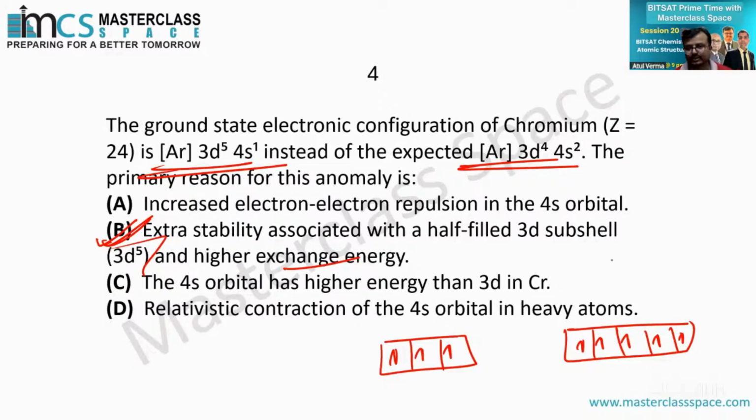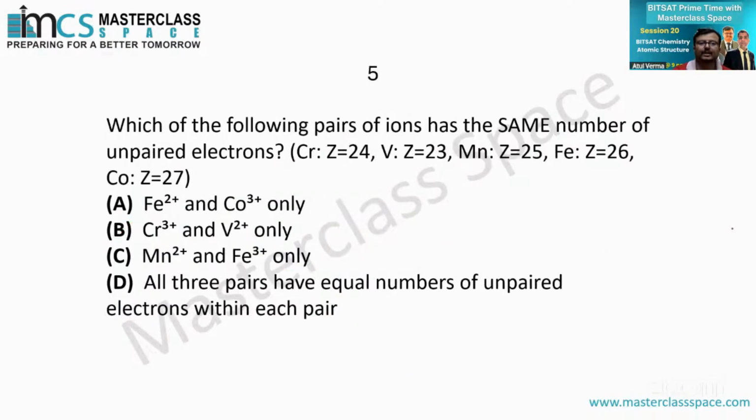Let's move to the next question. Which of the following ions has the same number of unpaired electrons? Now, of course, there are two approaches to solve this question, friends. One is that you will quickly start writing the entire electronic configuration and try to match. That is one way.